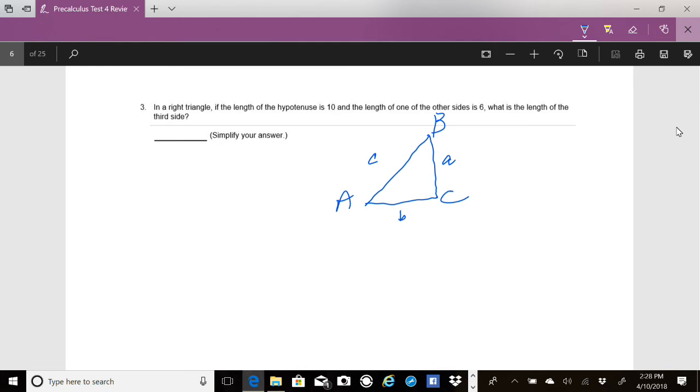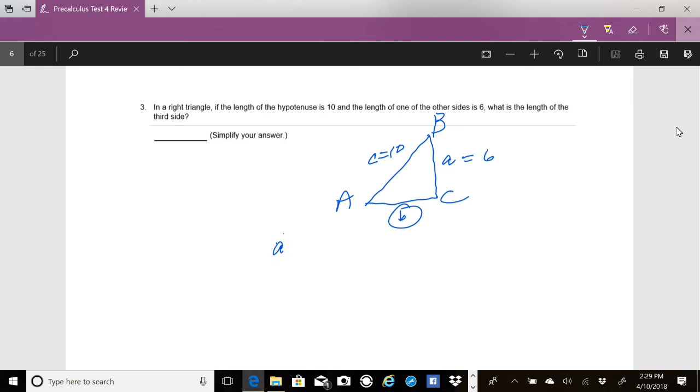And we're told the hypotenuse is 10, and the length of one of the other sides is 6. Let's say, suppose A is 6. What is the length of the third side, B? We can use the Pythagorean theorem because it's a right triangle.